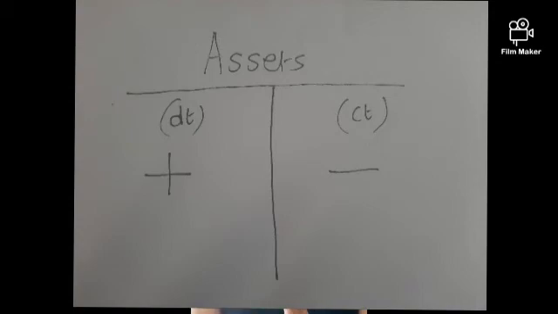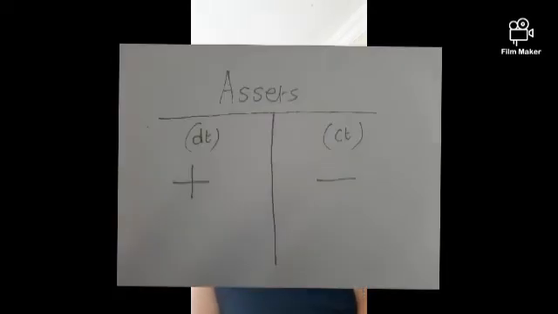Then land and buildings will increase. I have more land and buildings. So my land and buildings account, which is an asset, is debited plus. It increases. When I buy a vehicle, my vehicles is an asset, so it's debit plus, credit minus. So then my vehicles increase on my debit side.